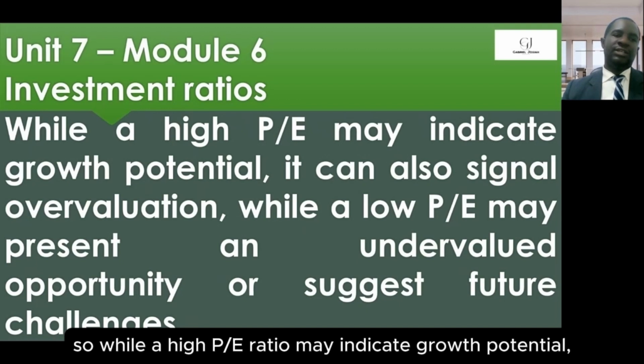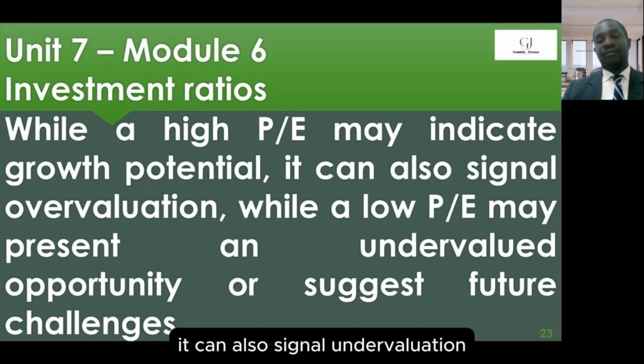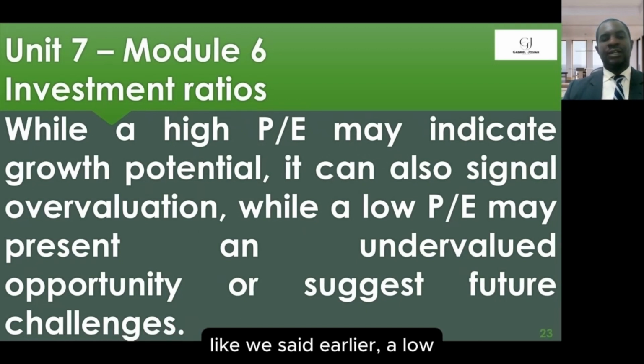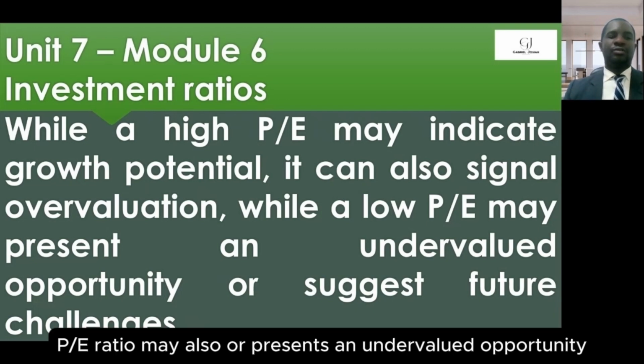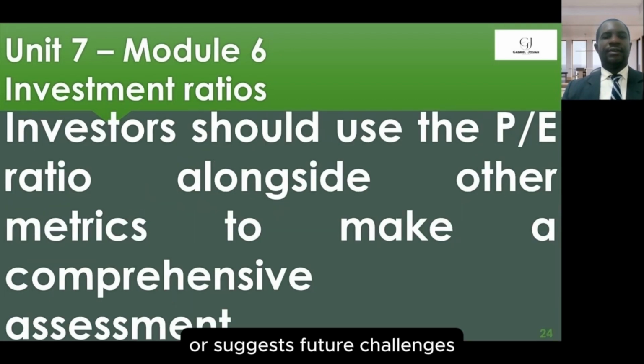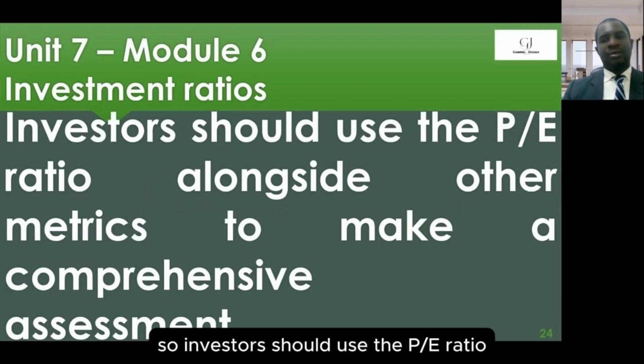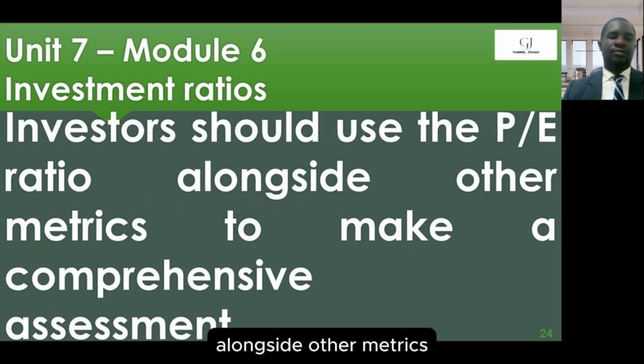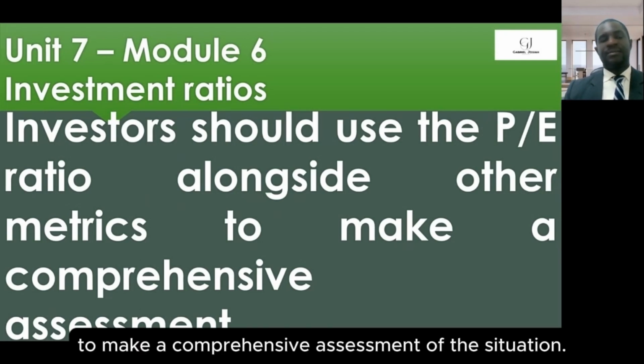So while a high PE ratio may indicate growth potential, it can also signal overvaluation, like we said earlier. A low PE ratio may also present an undervalued opportunity or suggest future challenges. So investors should use the PE ratio alongside other metrics to make a comprehensive assessment of the situation.